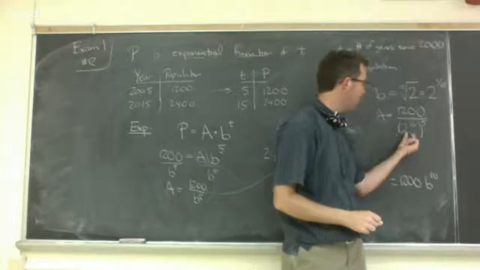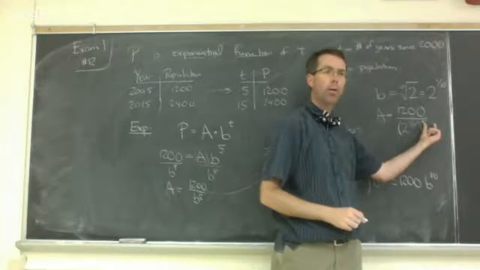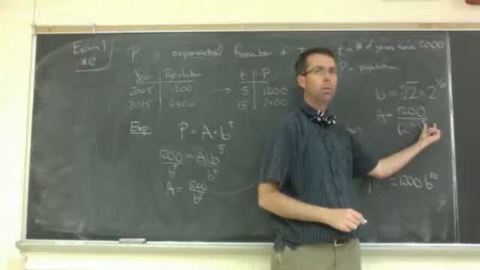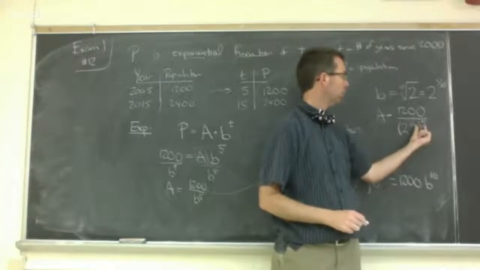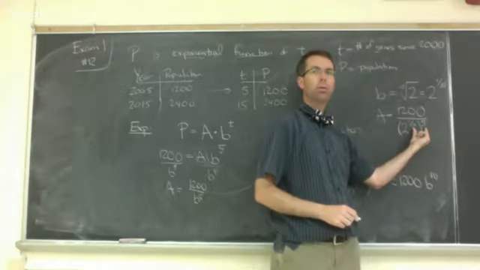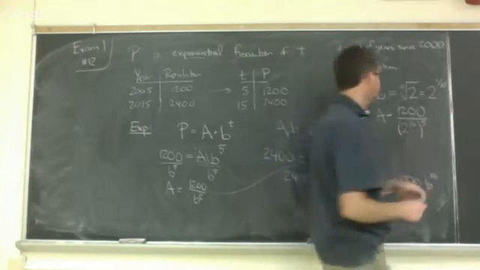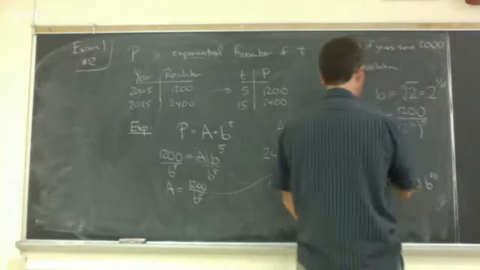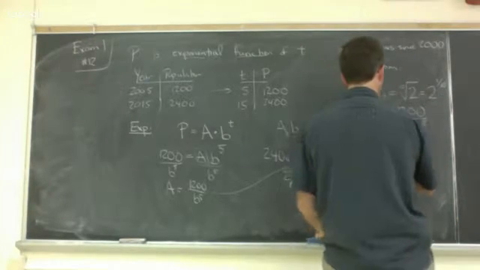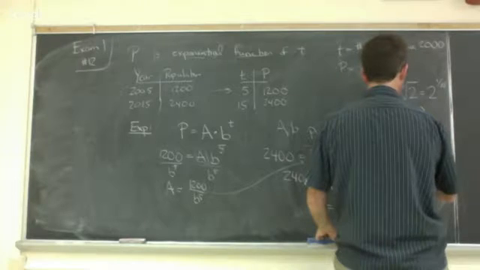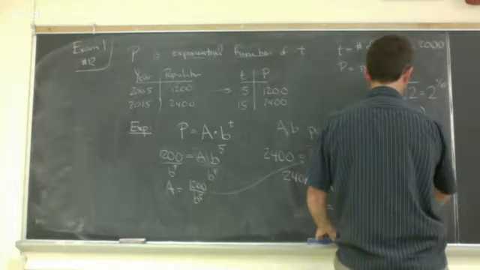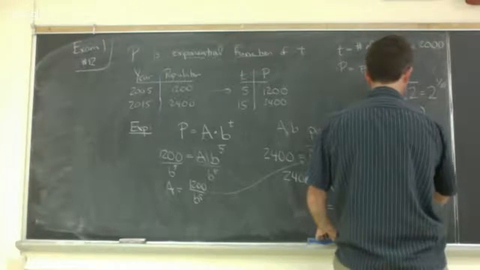If I have 2 to a power, all to a power, those are going to multiply. So I get 2 to the 5/10. So I get A equals 1200 over 2 to the 5/10, 2 to the 1/2.